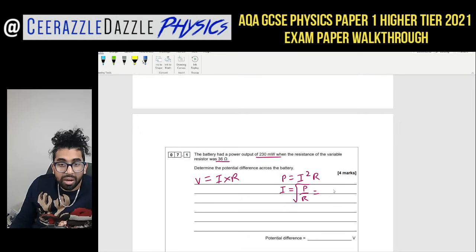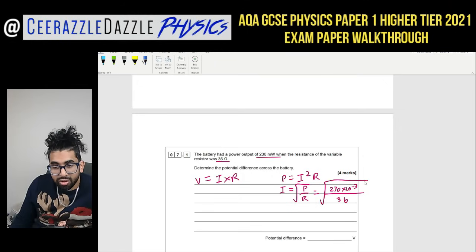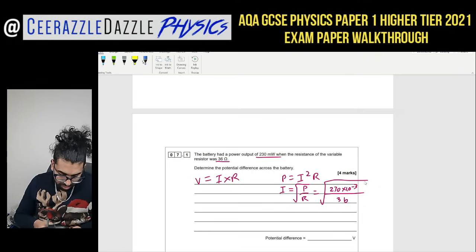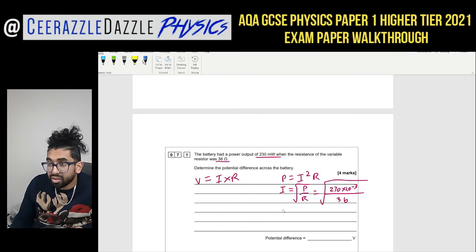So the value of the power is going to be 230 times 10 to the power of minus 3, divided by the resistance, 36, square rooted over here. So let's do that then. 230 times 10 to the minus 3 divided by 36, square root the answer. I'm getting my current as 0.08 amps.